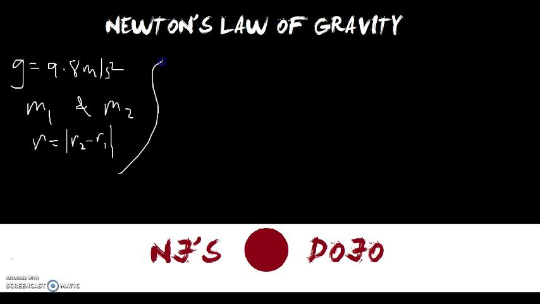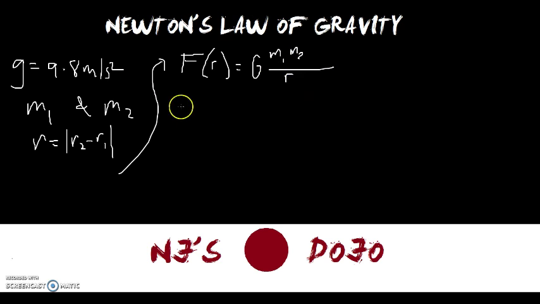This stems to the equation of force F(r), or the force of gravity in terms of radius, being equal to a gravitational constant G multiplied by the first mass and the second mass over the difference of the radius.